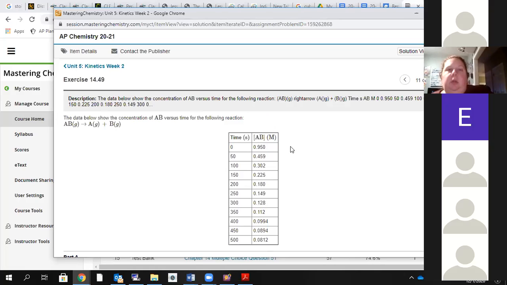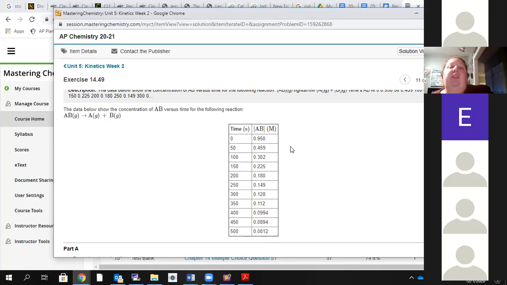So if you have a graphing calculator, I'd plug it into your graphing calculator and do the natural log versus time and the 1 over concentration versus time. Not necessarily thinking to plug that into your graphing calculator, maybe.